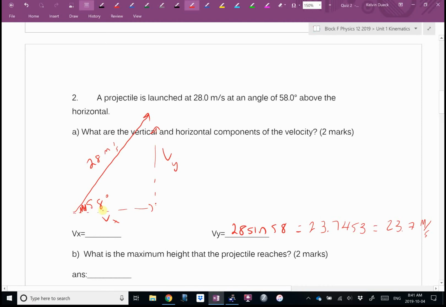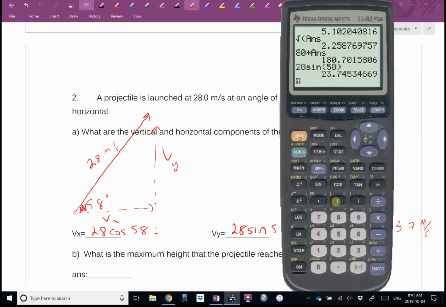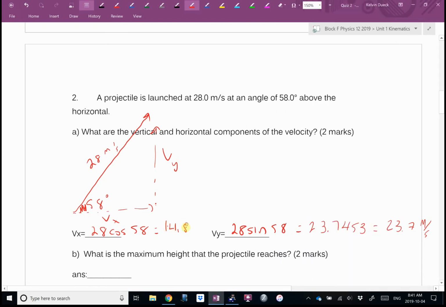Vx is going to be 28 cos 58, 14.8377, or 14.8, and again, meters per second. So 1 mark for each of those, half mark off if you didn't put units.